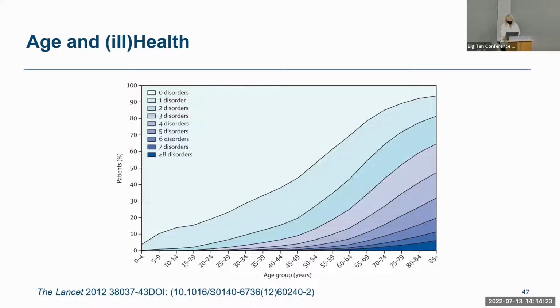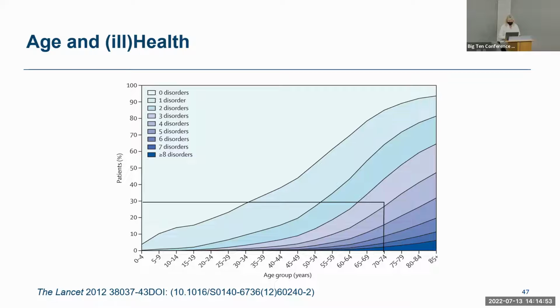And with longer life expectancy, whilst it's a good thing if you have healthy life expectancy, with older age comes ill health. This is a figure from a study published in The Lancet 10 years ago, believe it or not, which is a really elegant way of looking at the aging process and the number of comorbidities that people experience as they age.